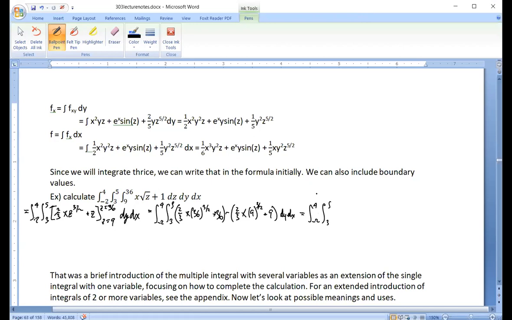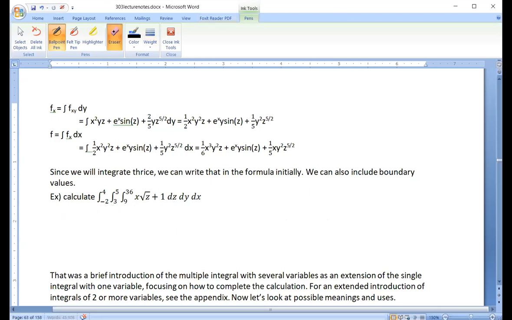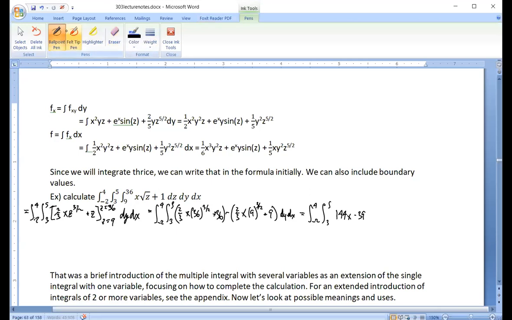So if you work out the algebra really quickly, you get 144x plus 36 minus 18x plus 9 dy dx.